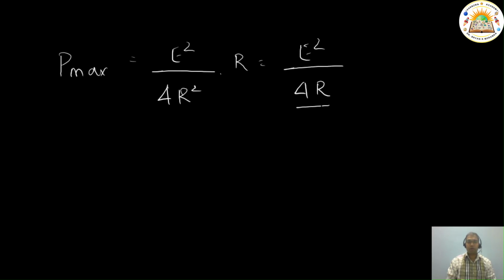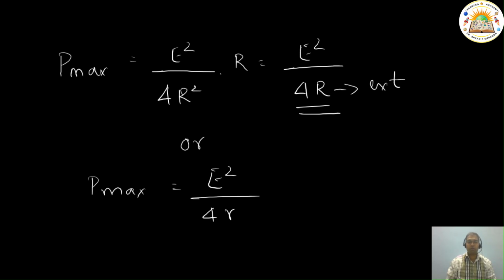Pmax is going to be nothing but E squared by 4R squared times R, which is nothing but E squared by 4R. This is in terms of external resistance; I can write it in terms of internal resistance also, as E squared by 4 small r. Capital R is the external resistance, small r is the internal resistance.